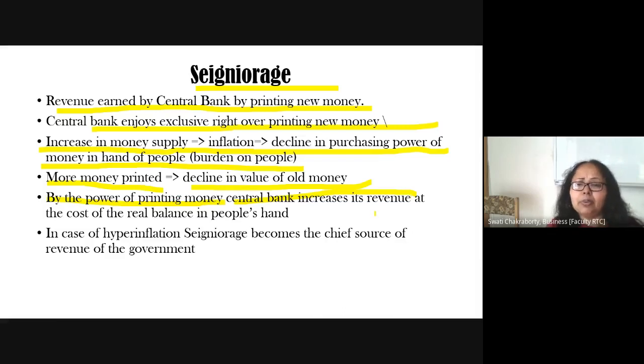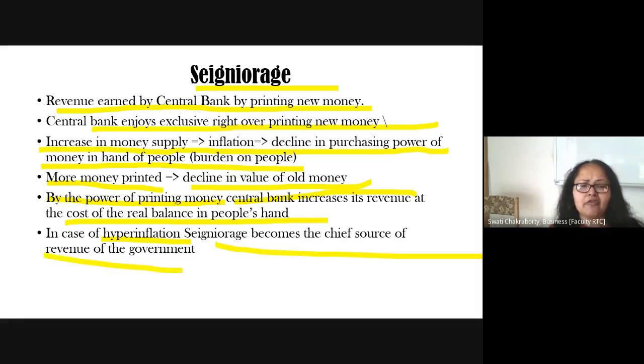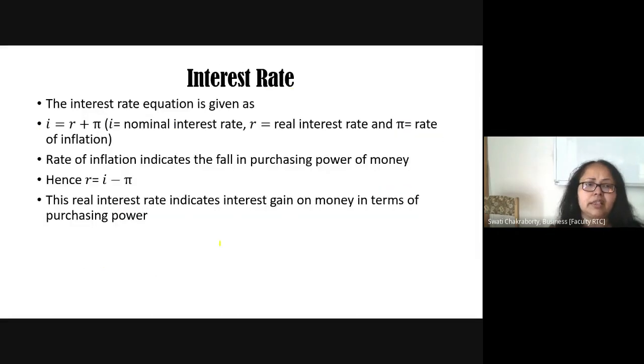Revenue goes up because you can lend, but at the cost of real balance in the hands of people. So that goes down, people's purchasing power goes down, right? And in case of hyperinflation, the main source of revenue for government is seigniorage. That's the main source of revenue, right?